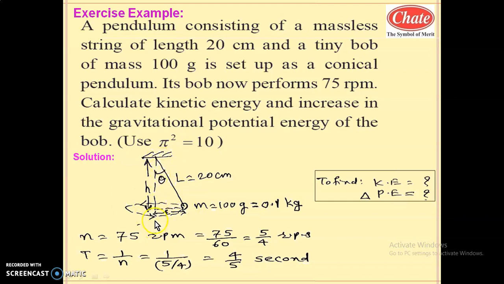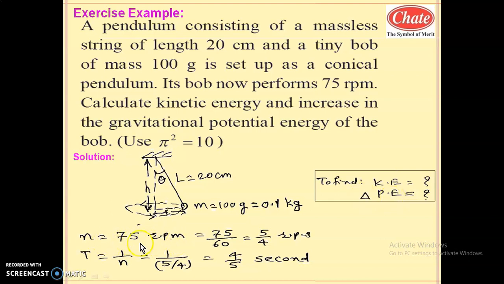Then the position of the bob with respect to this point will be L. And when the bob reaches this position, the height changes. So the initial position is L, and the new position is H. This change in position of the bob gives rise to one form of energy, the change in potential energy.